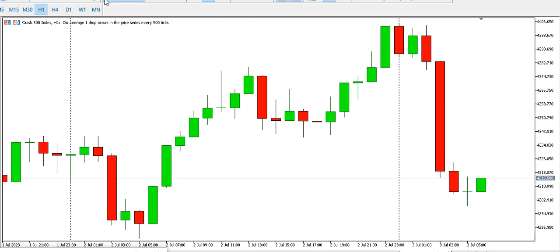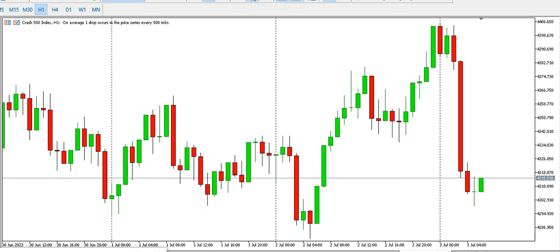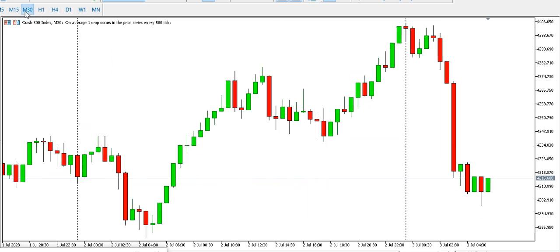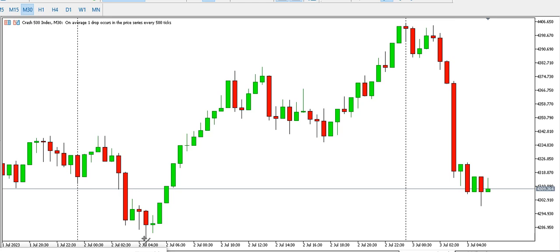On the 1-hour time frame, Crash 500 Index is currently showing a range. A break of this range will tell us the direction. For the 30 minutes time frame, Crash 500 Index is also ranging. We see the sellers stepping in around here, so we might want to monitor price.